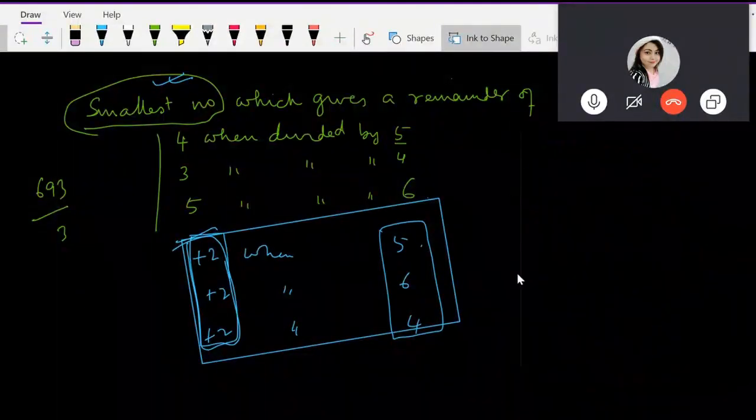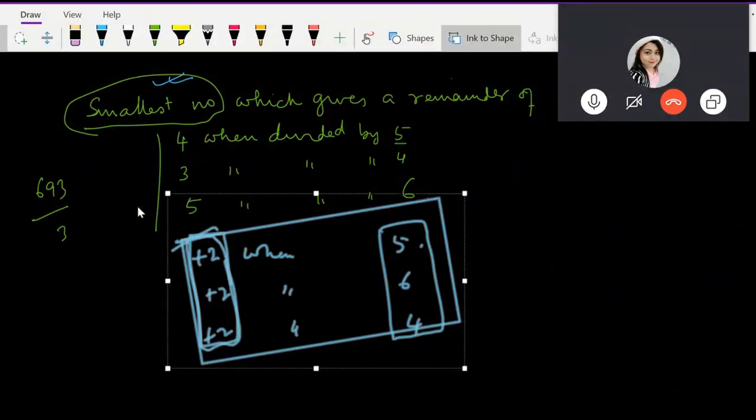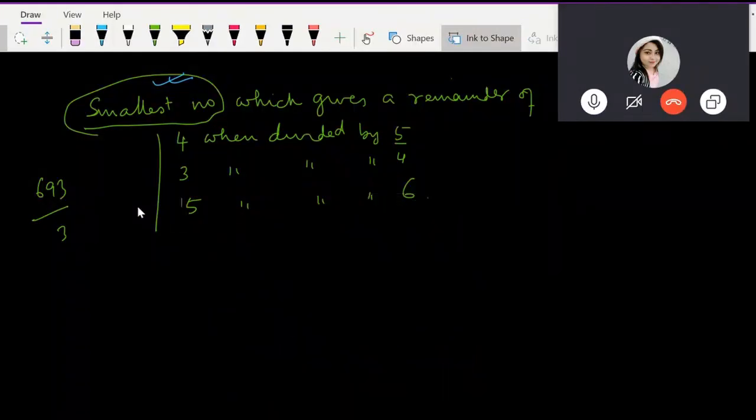Now tell me, what will be the number which will give 4 when divided by 5, 3 when divided by 4 and 5 when divided by 6?